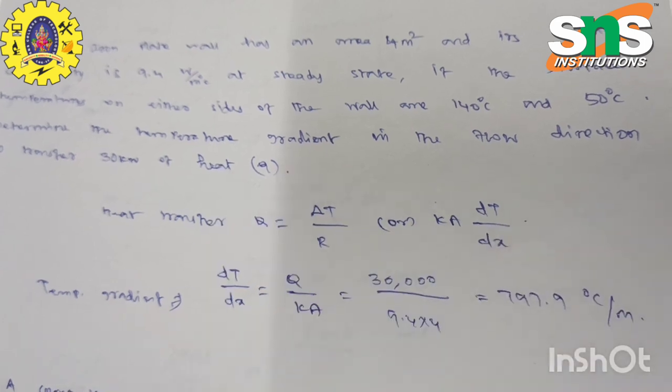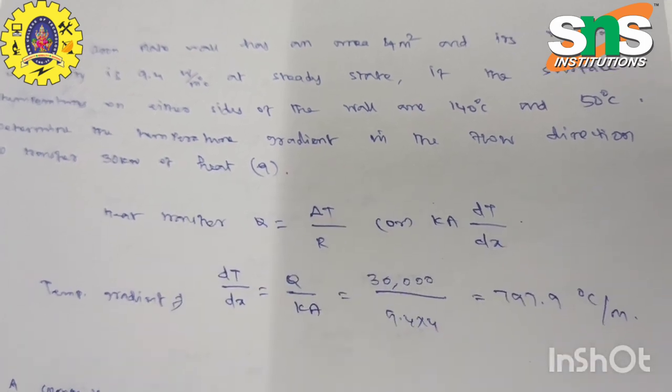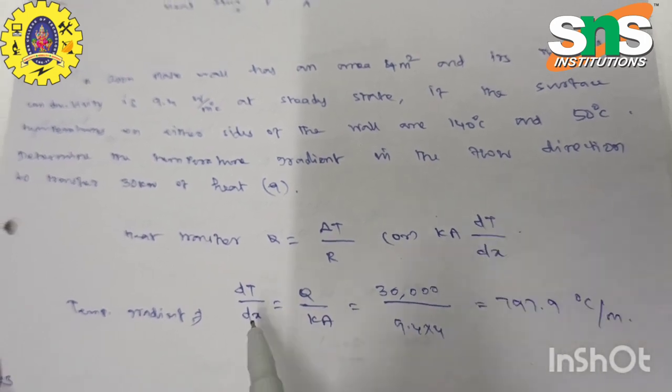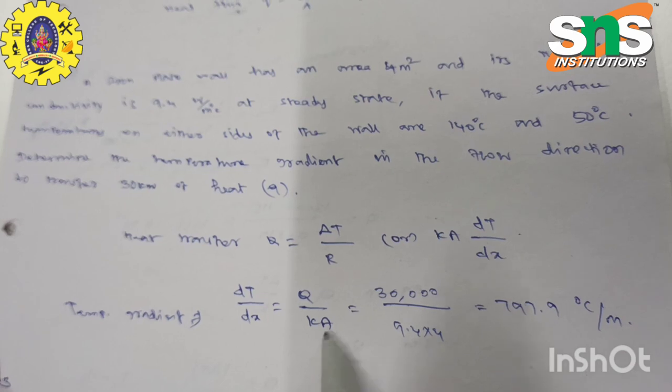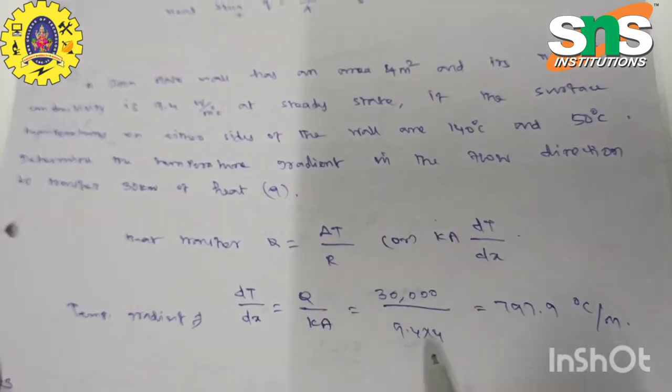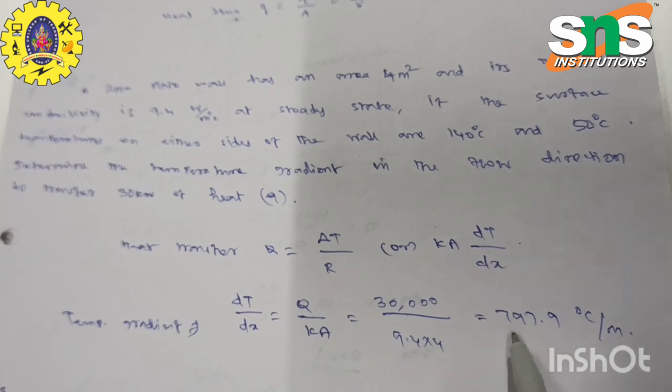Here we need to find the temperature gradient, so we rearrange the equation: dT by dx, the temperature gradient, is equal to Q by KA. Substituting all the values from our given data, we get the temperature gradient.